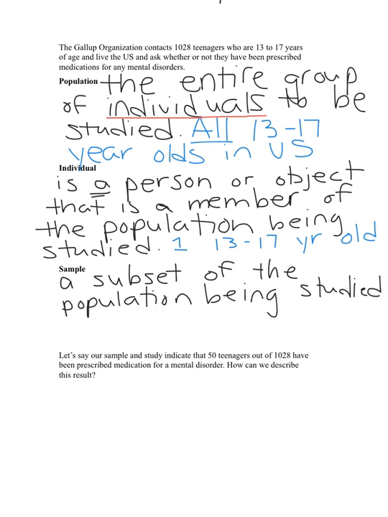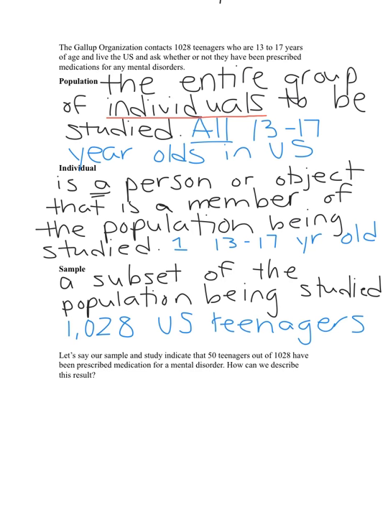And so again, in this example, our sample was the 1,028 U.S. teenagers. All right, so we have our first group of definitions.